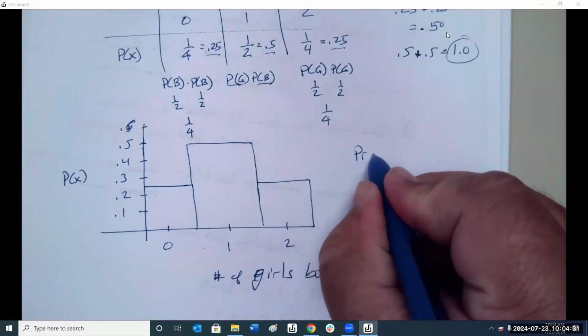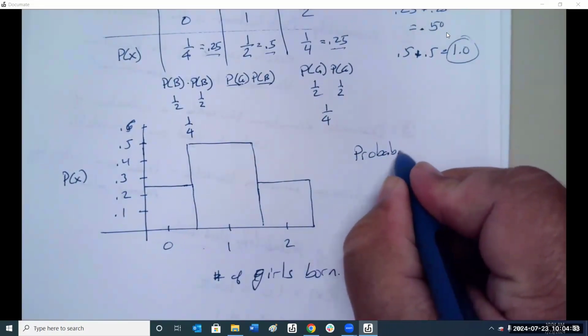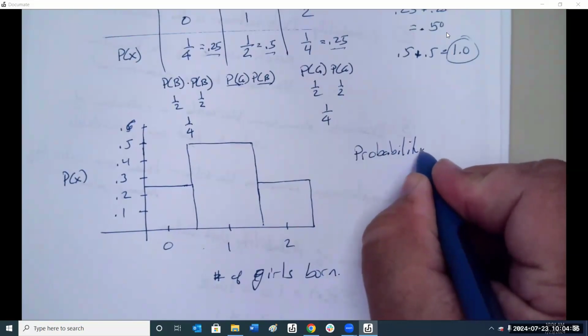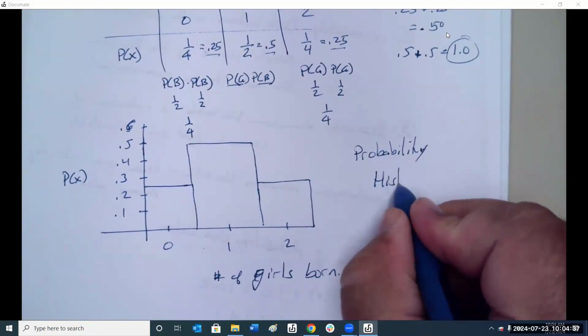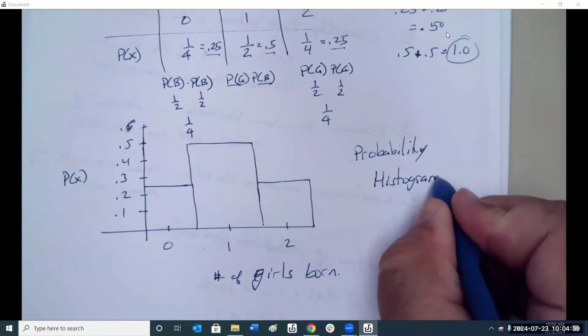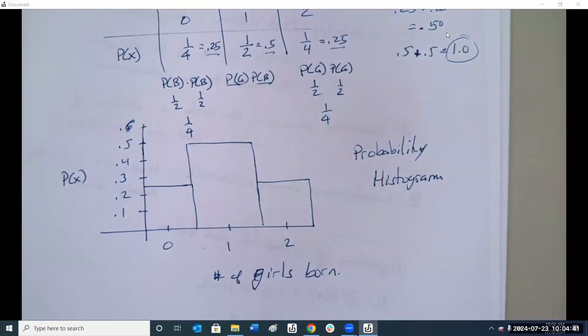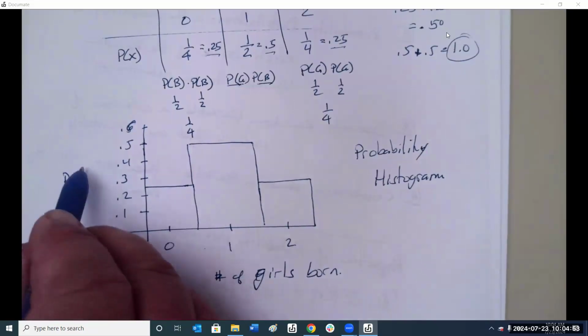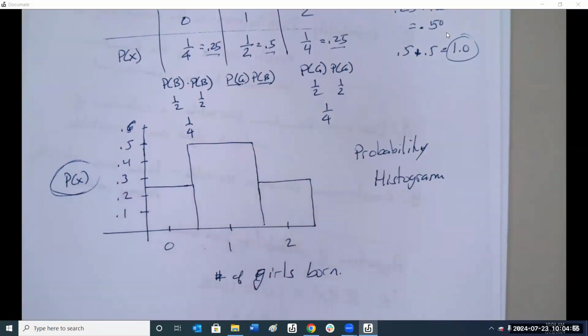This is why it's called a probability histogram. Why is it called a probability histogram, ladies and gentlemen? Look, the vertical axis represents the probability, the percent chance.